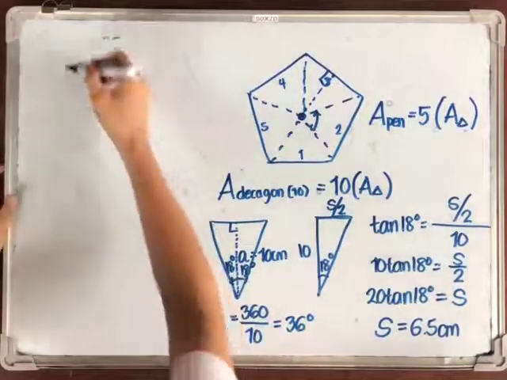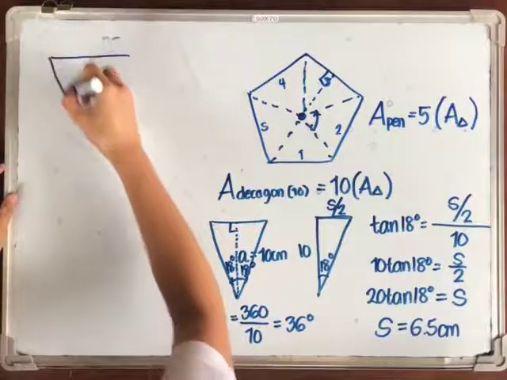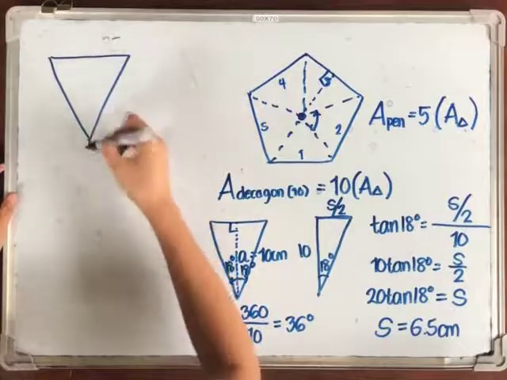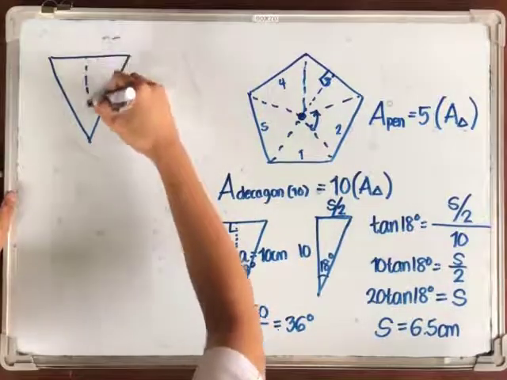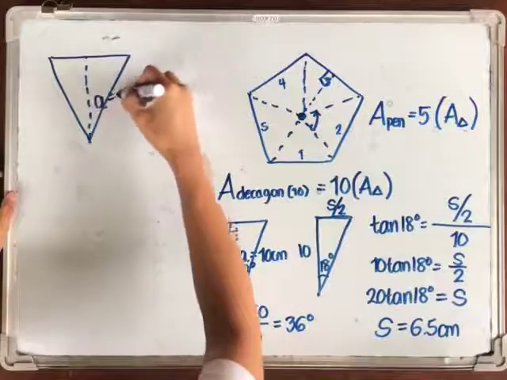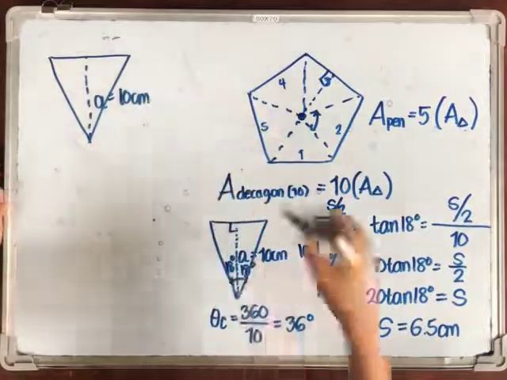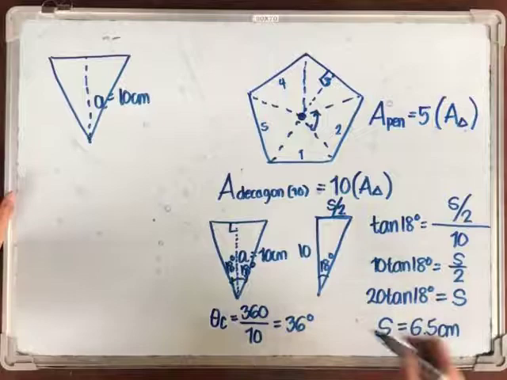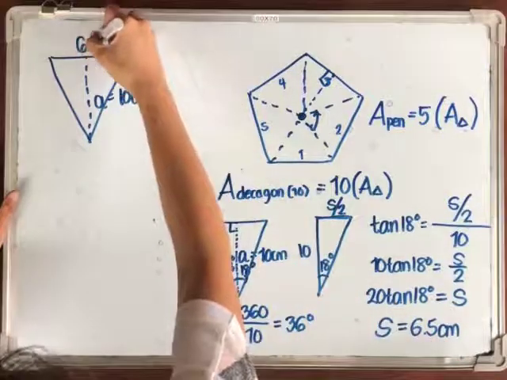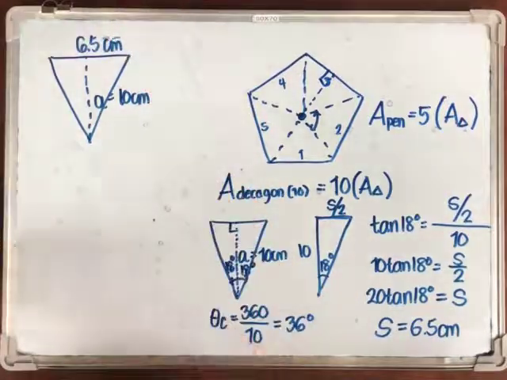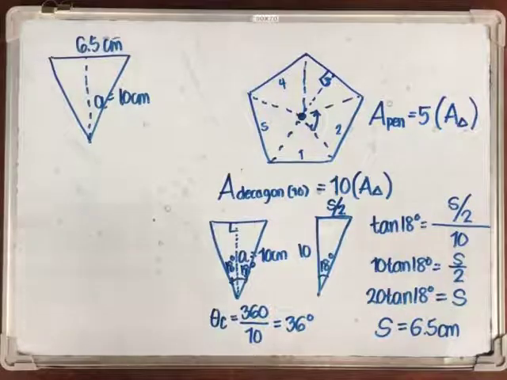So I will draw again our triangle para makita nyo clearly what happens here. We have here an altitude, which is your apothem, that is 10 cm, and we have your side measuring 6.5. That's the entire side already. That's your S. Okay, now we can compute for the area.